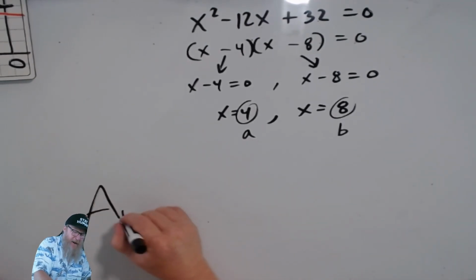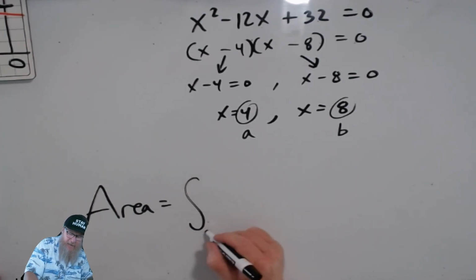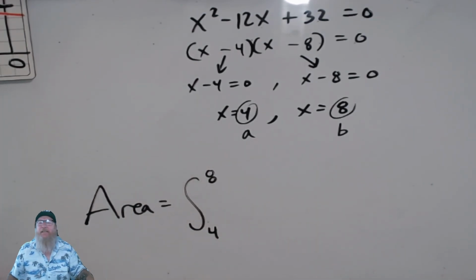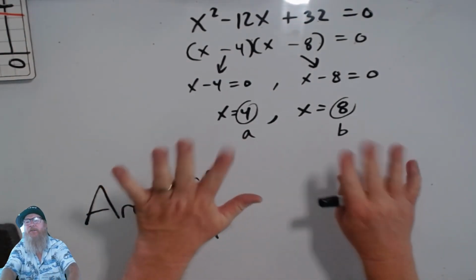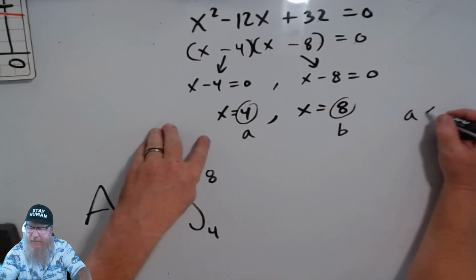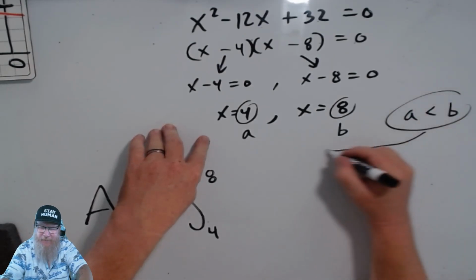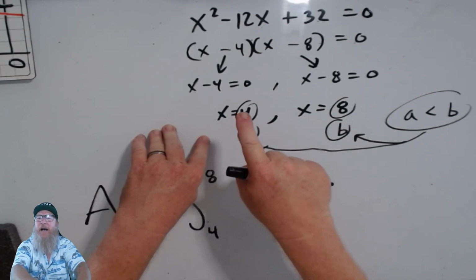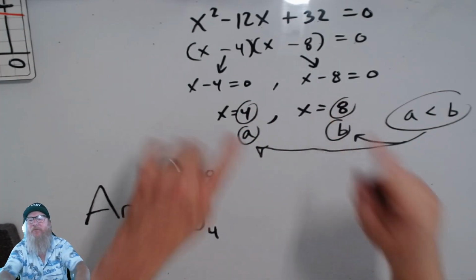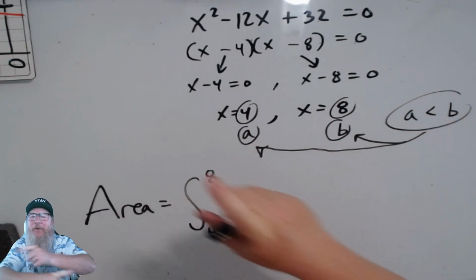So that means the area is the integral from 4 to 8. They don't always end up in the right order, so be careful. A must be less than B. For example, if you got x equals 8 and x equals 4, I would leave it up to you to put them in the right order.